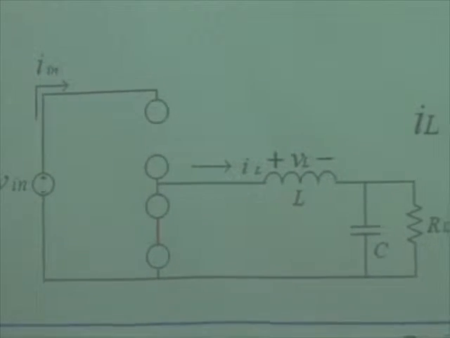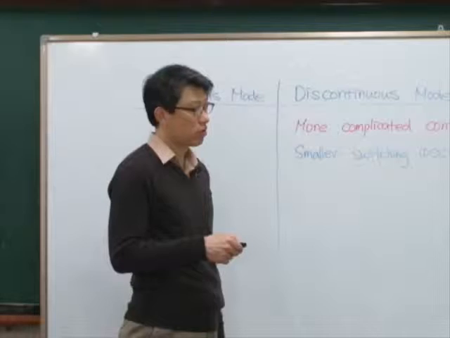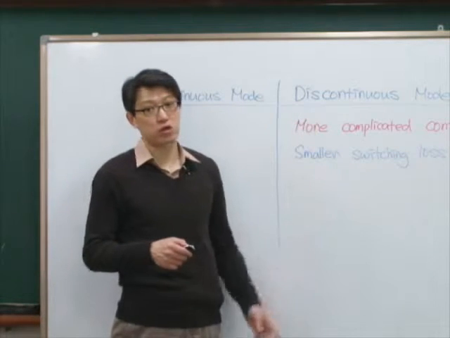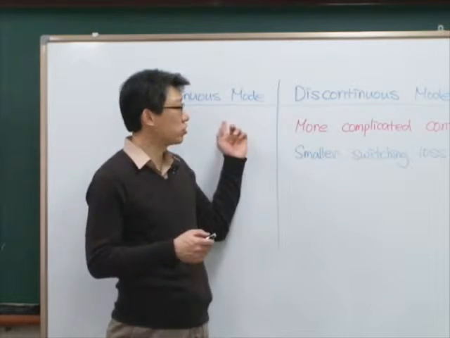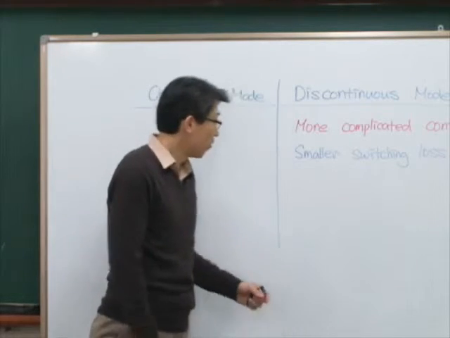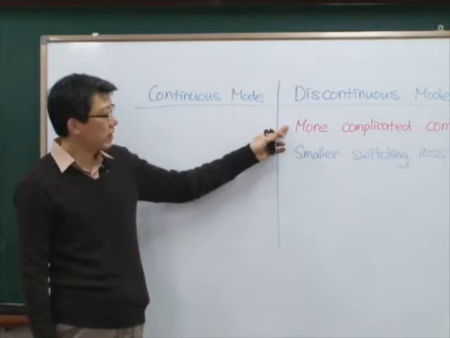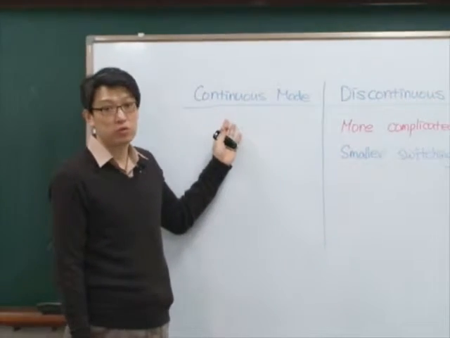So in continuous conduction mode, there is a switching loss. So in terms of the loss, discontinuous mode is superior to continuous conduction mode. Of course, in continuous mode, the disadvantage now becomes advantage of continuous mode. Okay?